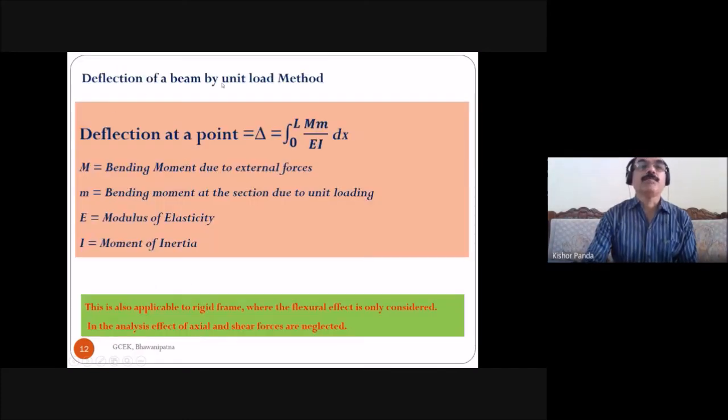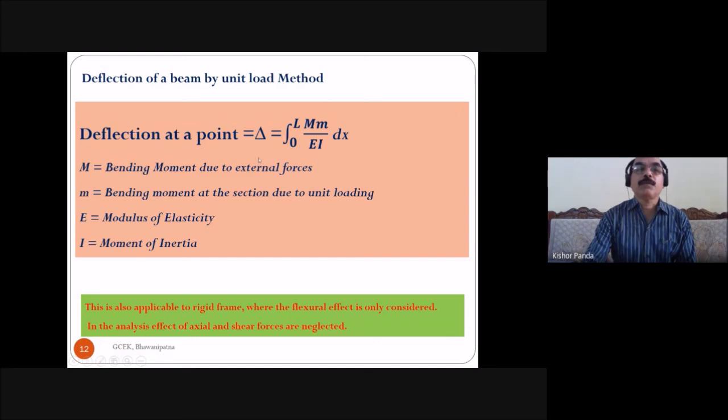The deflection of a beam by the unit load method at a point, delta, is equal to integration from 0 to L of capital M small m by EI into dx, where capital M is the bending moment due to external forces and small m is the bending moment at the section due to unit loading.